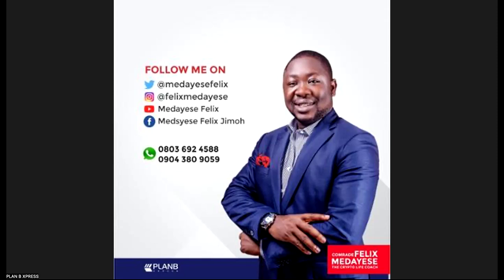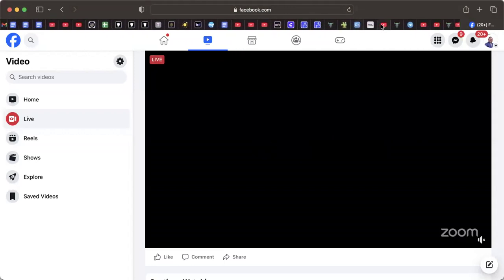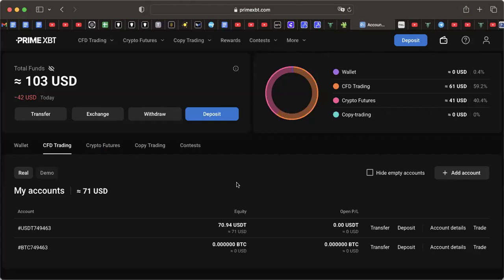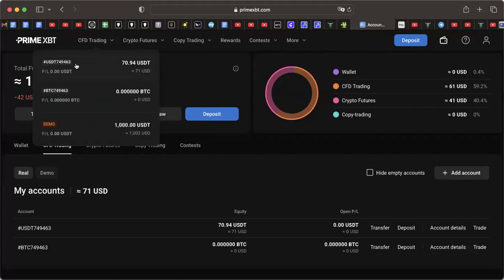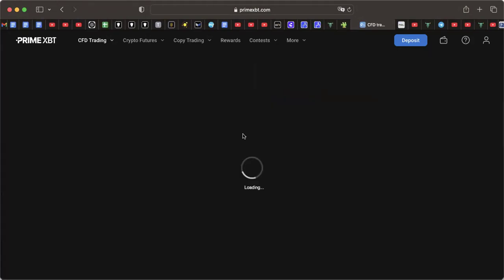So let's go to the trading platform. This is not a detailed training, so I'm just summarizing it. So CFDs, I'm looking for NAS.